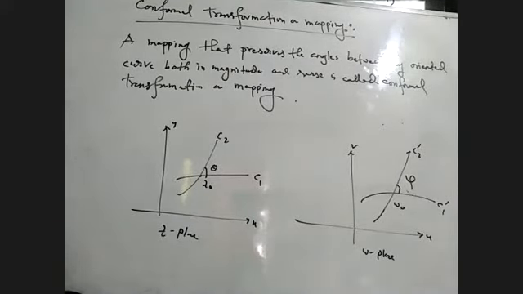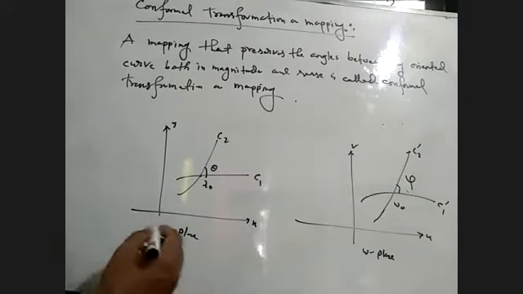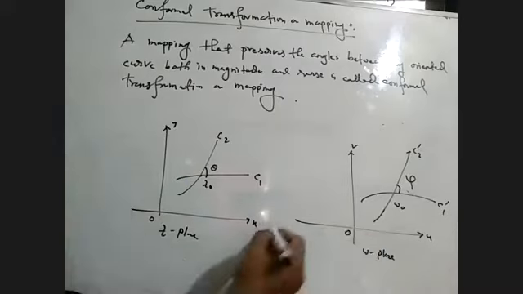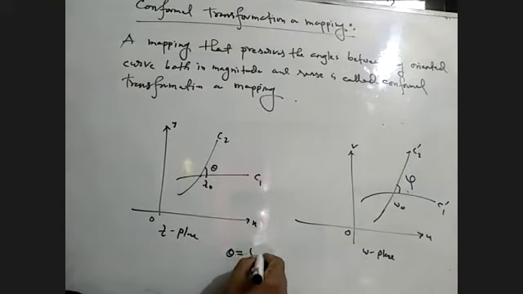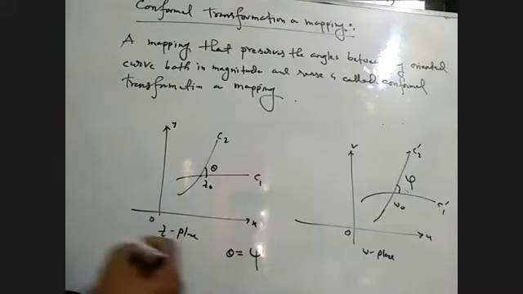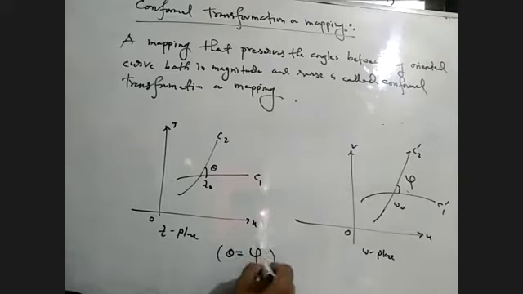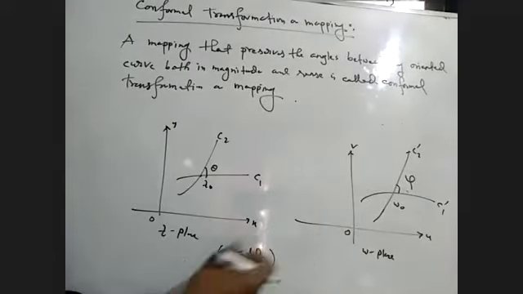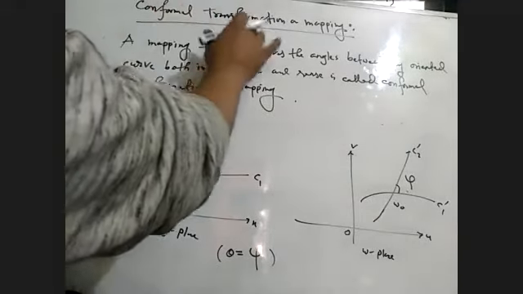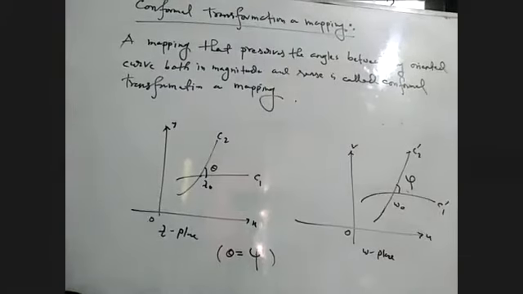So from the figure we observe that the two angles theta and phi have the same magnitude. Theta equals phi. If theta equals phi and they have the same sense, that means equal figure, then it is called a conformal transformation or mapping.